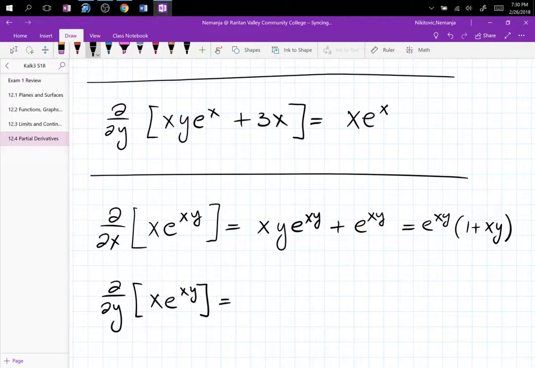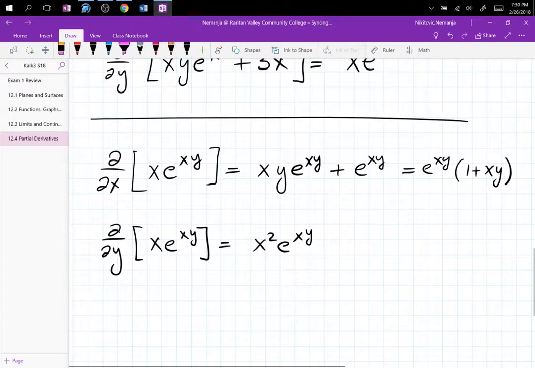Anyone? x squared e to the... Great. Perfect. When you take the derivative of this, x is constant, so x gets dropped in front, but there was another x there, so x times x is x squared. Nice.